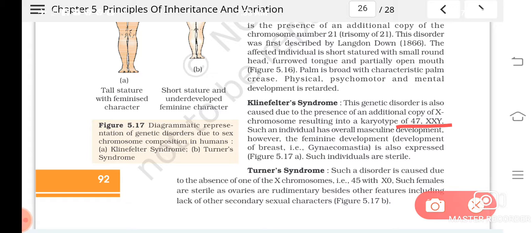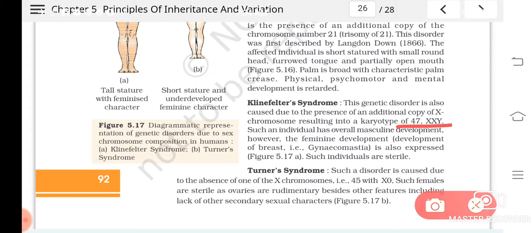And they are sterile, with overall masculine development with some feminine features. So these two are examples of trisomy, where one chromosome is extra: Down syndrome and Klinefelter syndrome. In Down syndrome, which chromosome is extra? 21st chromosome. In Klinefelter's, it is one X chromosome.